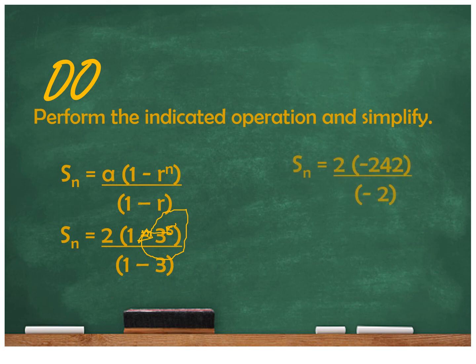So 2 times negative 242 is negative 484, divided by negative 2. Since they are both negative, that gives us a positive answer. 484 divided by 2 is positive 242. And that is the sum of the first 5 terms.